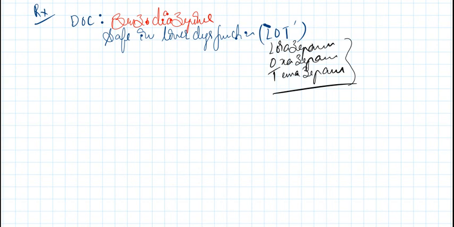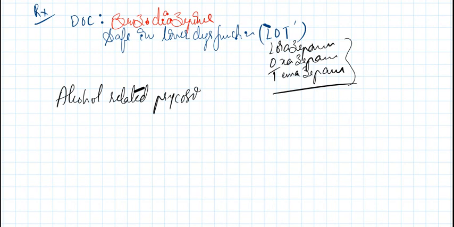Next, what do you mean by alcohol related psychosis? Something you heard previously, that is delirium tremens.